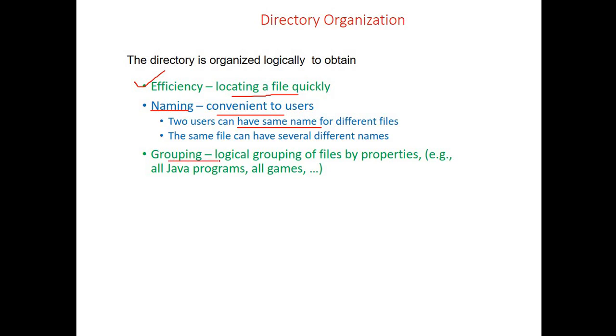And various related files can be grouped under different directories so that it is possible to relate to them and find them in future at the appropriate time. For example, all the Java program files are kept in a separate directory called Java. All game files are kept in a separate directory called games. Like that, you can group files by creating an appropriate directory name.